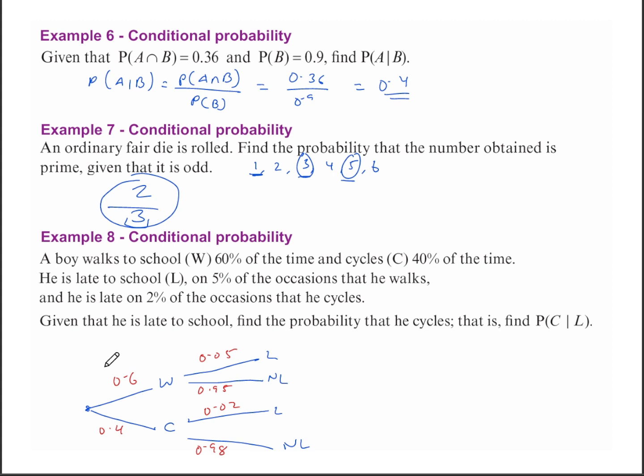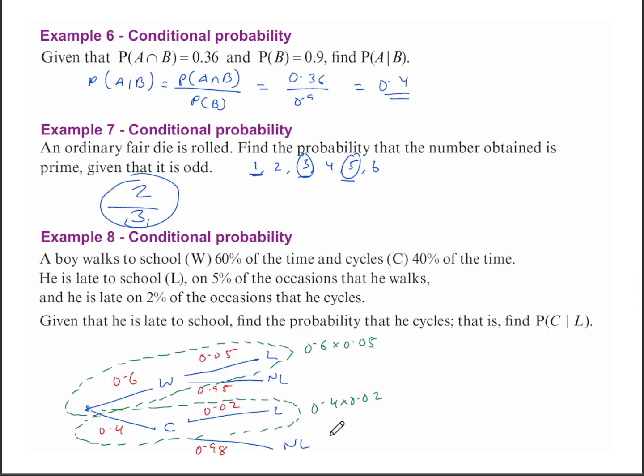What are the options that he's late? This one here, and this one here. So that's our total possible outcomes. The probability of the total possible outcomes is 0.6 times 0.05, and here it is 0.4 times 0.02.